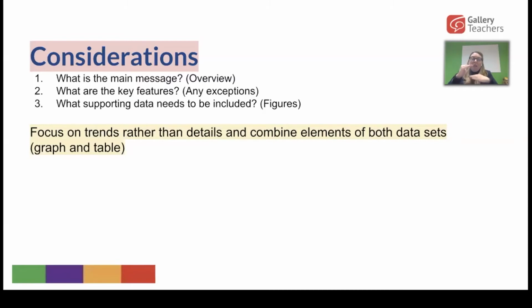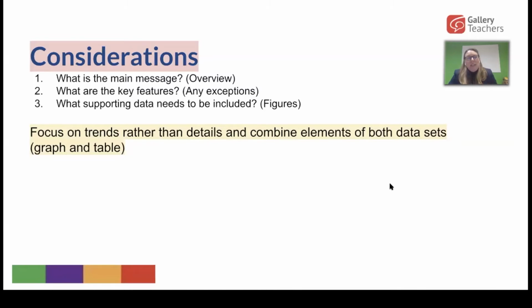And these key features are going to be the main body of the answer. And then finally, we have to think about what supporting data needs to be included. These are actual figures, temperatures, percentages, actual numbers. It's very important that the key features are supported, they are underpinned with data.